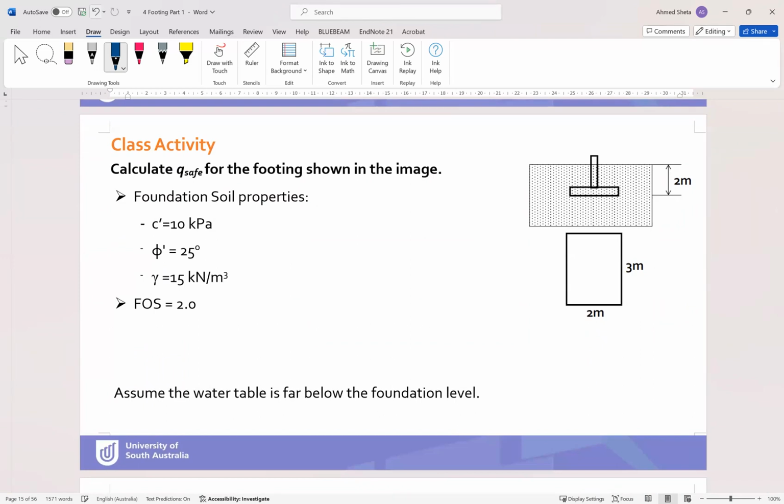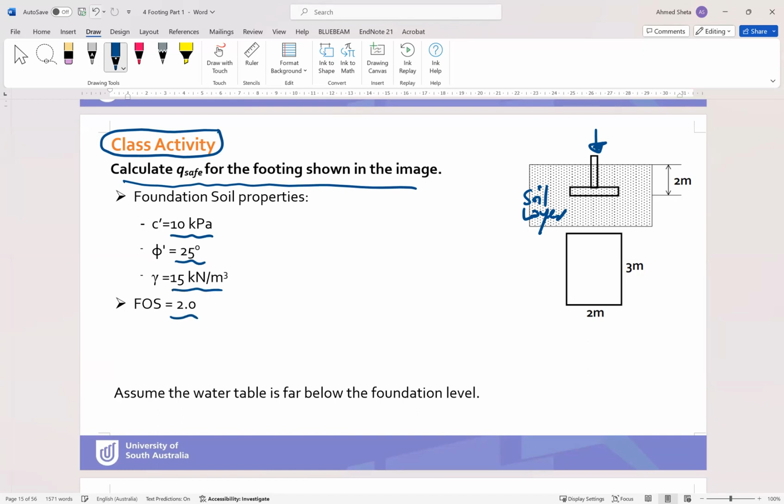And here we have another example, another class activity, to calculate Q safe for this footing. So if we have this footing, the soil properties of this layer are C dash 10 kPa, phi 25 degrees, gamma is 15, and FOS is 2.